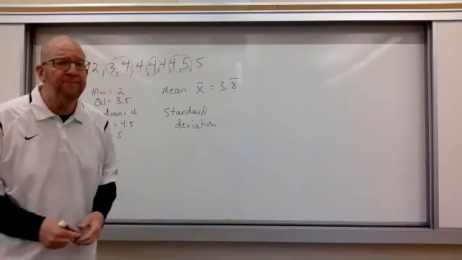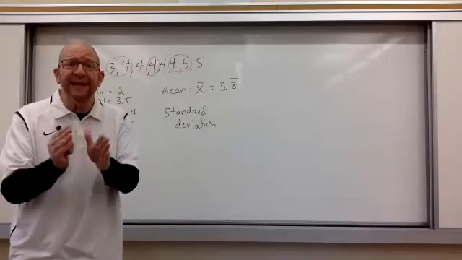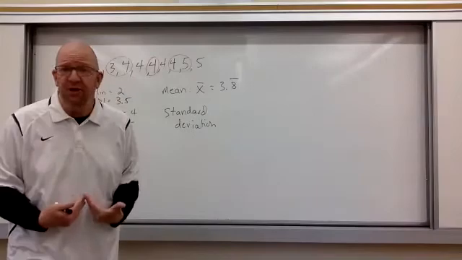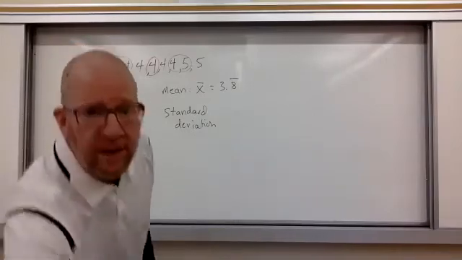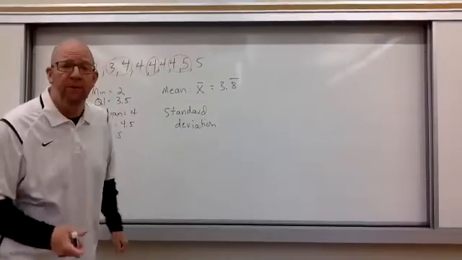How do we calculate it? It's a little complicated. When you take a statistics and probability class, you'll have to do this by hand, but fortunately you're not in a statistics and probability class now. We're mostly going to use our calculator, but I'm going to go ahead and show you the formula.